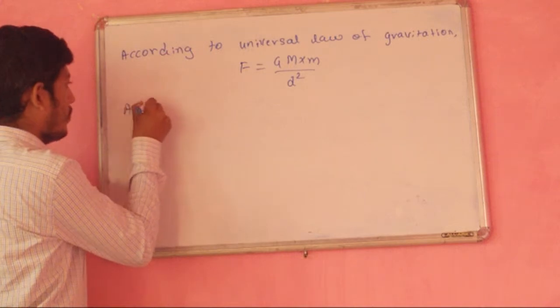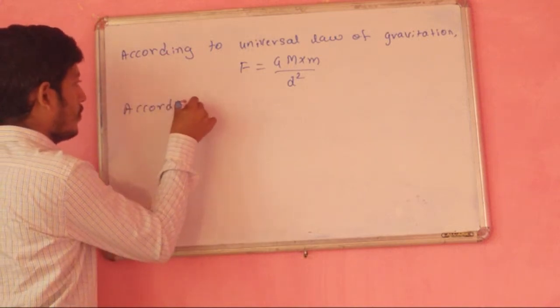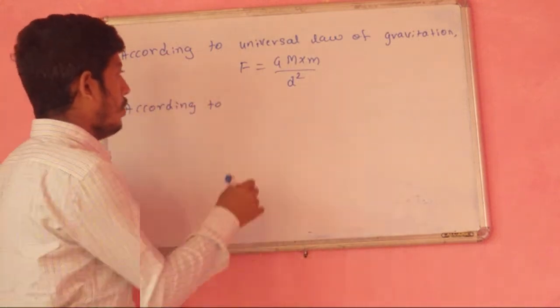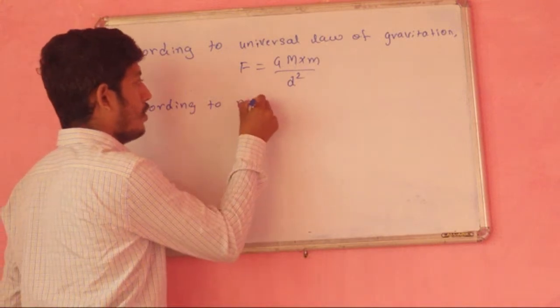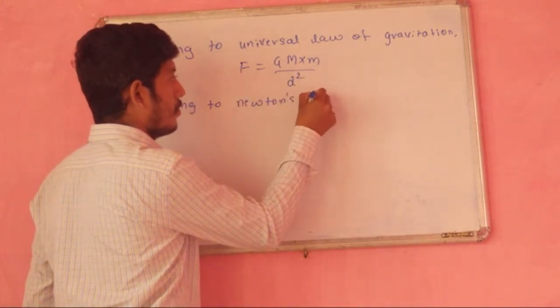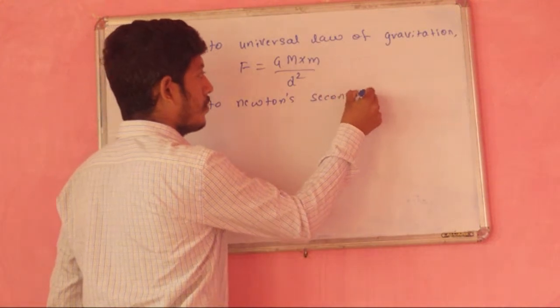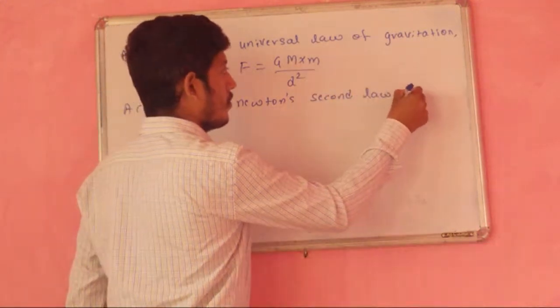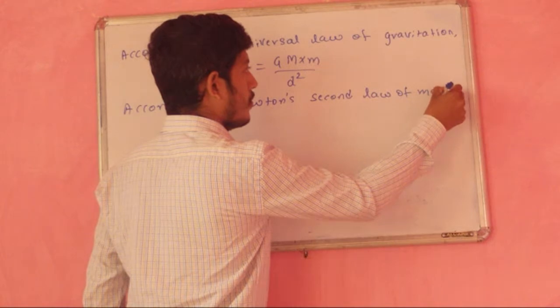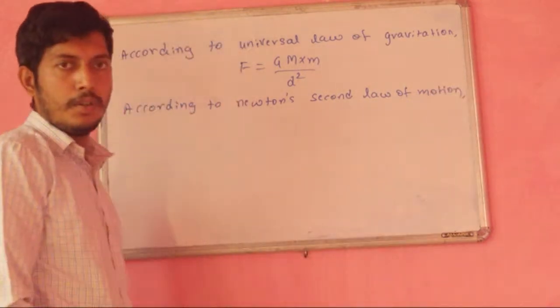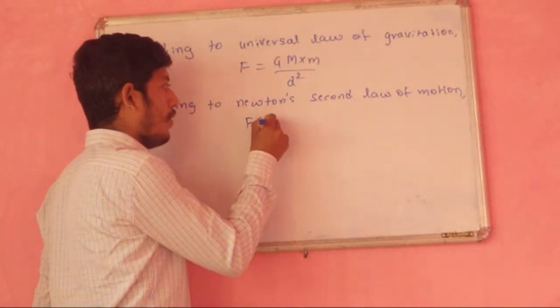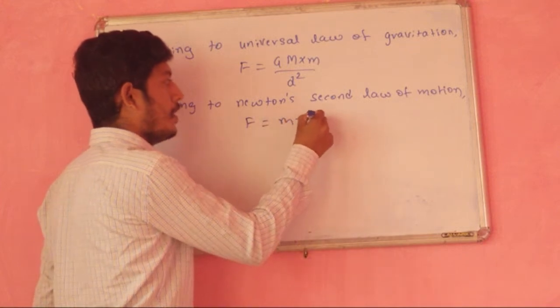according to Newton's second law of motion, F equals m into a.